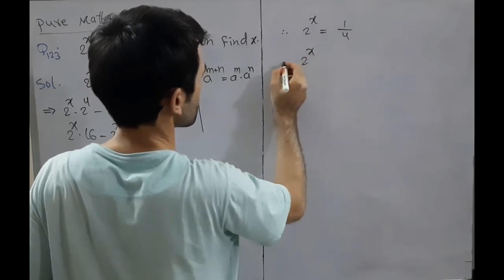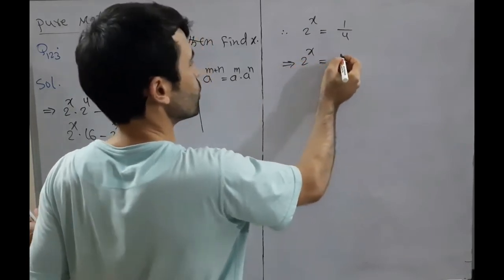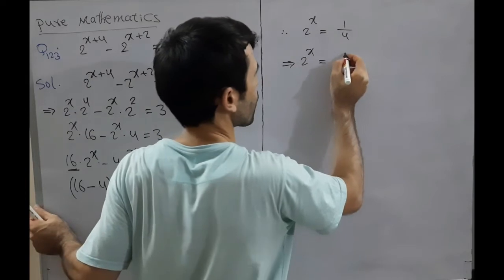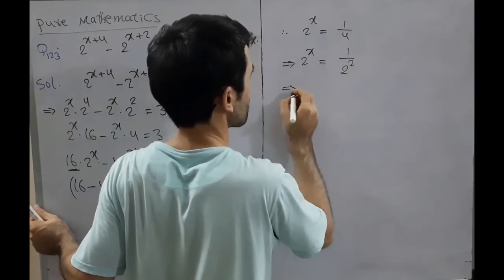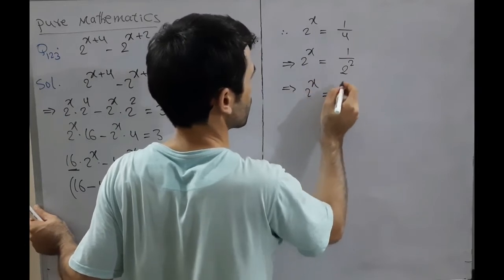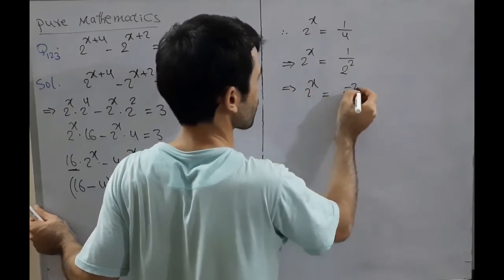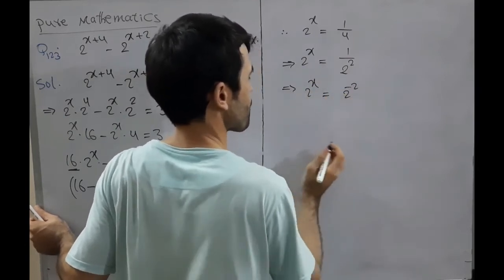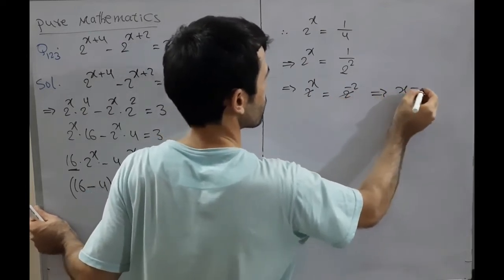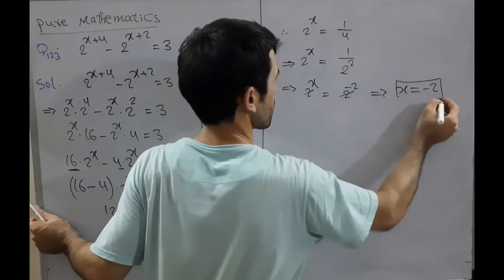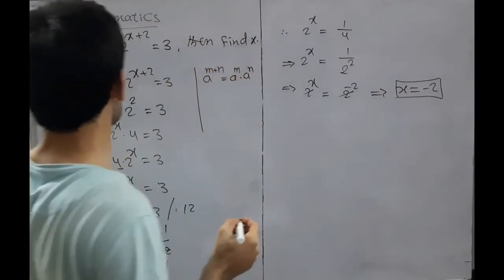We can write 1 over 2 to the power 2. This implies 2 to the power x is equal to 2 to the power minus 2. Here the bases are equal, so this implies x is equal to minus 2 is the solution.